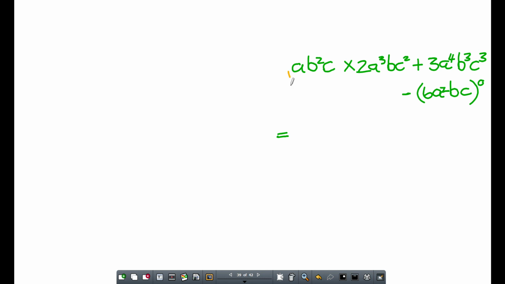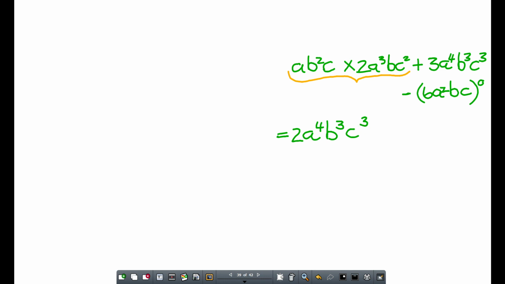It's just going to make it shorter for my screen. Okay, so I'm going to have 2, and then A times A to the power 3 will become A to the power of 4. B squared times B will become B to the power of 3. C times C squared will become C to the power of 3.